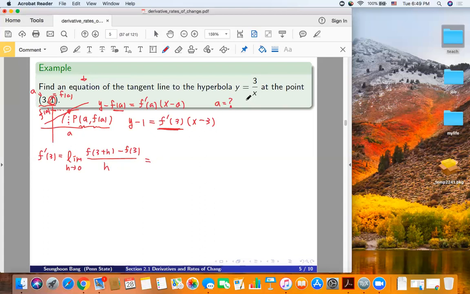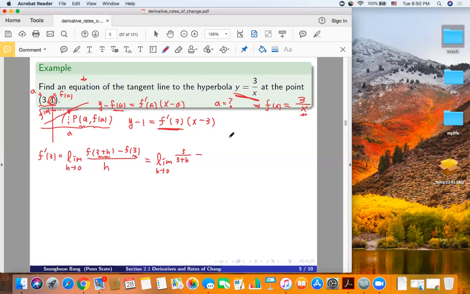So what's f of x? F of x is the given function here. So we have f of x is 3 over x. What is f of 3 plus h? You plug 3 plus h into x. So we have the limit as h approaches 0 of 3 over 3 plus h minus, what's f of 3?